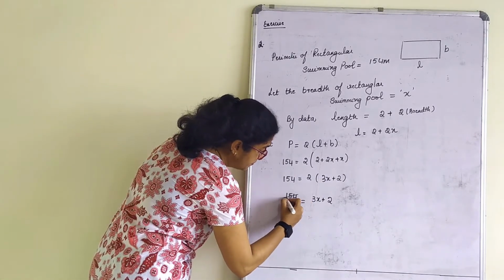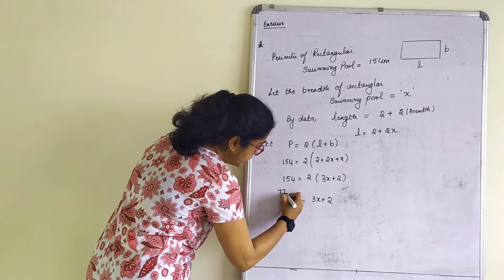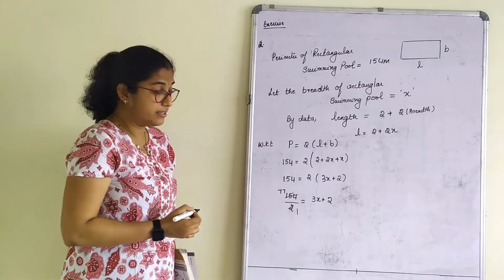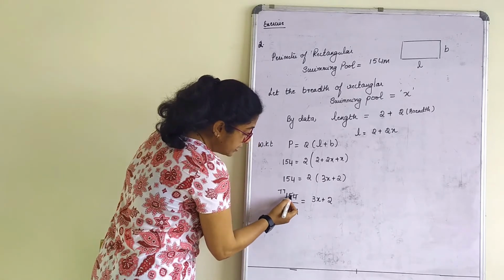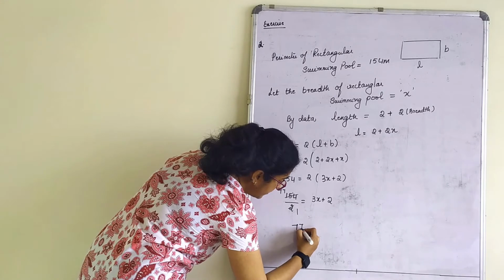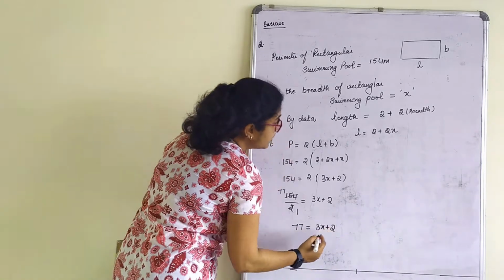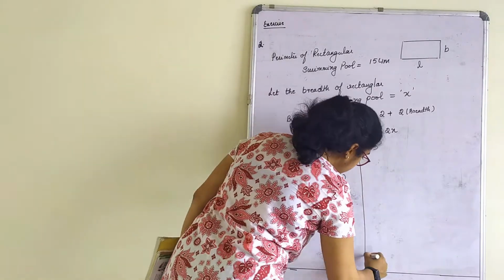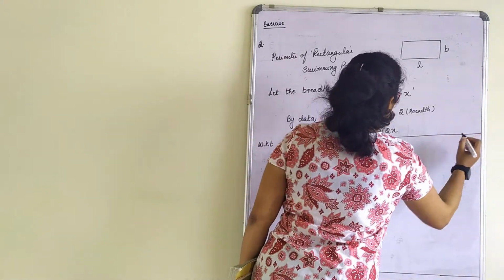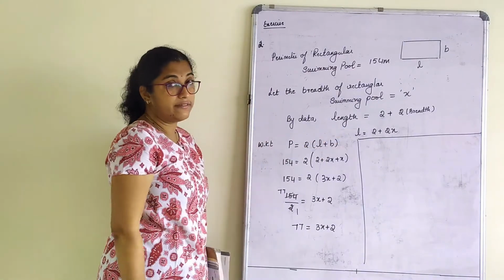2 ones are 2, 2 sevens are 14, 1 remainder, 2 sevens are 14. So 77 is equal to 3x plus 2. Since I do not have space, children, I will just do this beside. But you have to do this sum in one go only, not anywhere else.